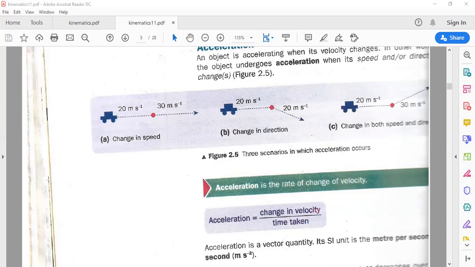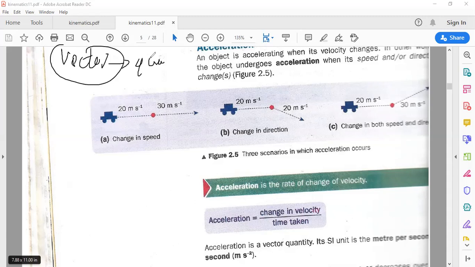Okay, now you can see this part A. Now over here, we learned that acceleration is a vector quantity, right? And when we say vector quantity, which two things are important? The change in magnitude is important, and direction is important, right?